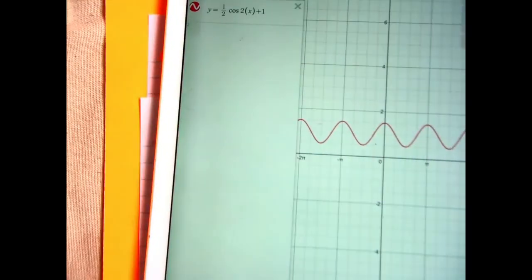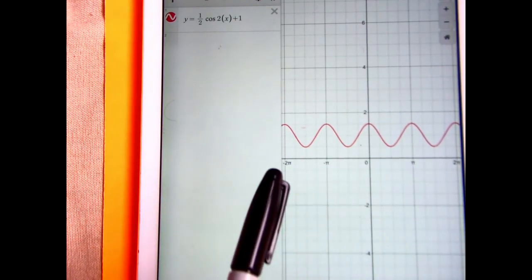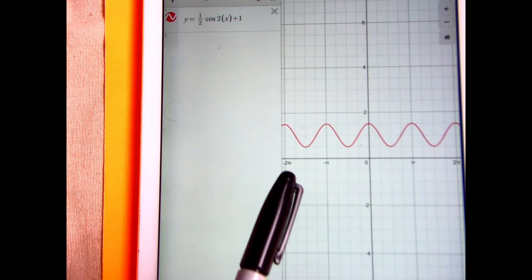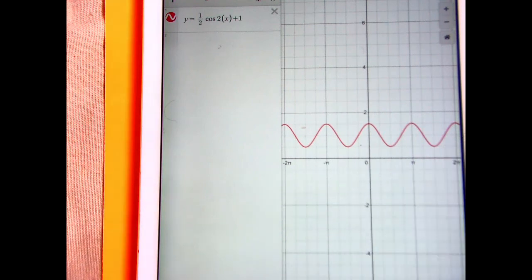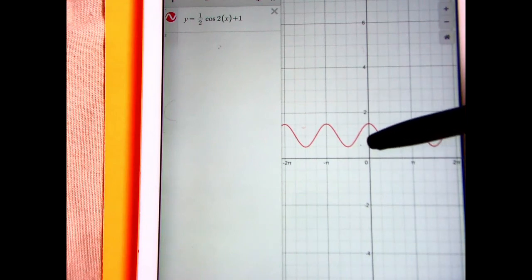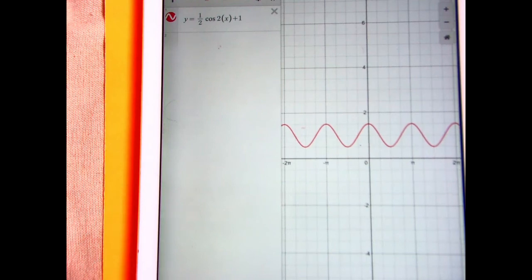So on my iPad I have kind of the same XY axes. From x I go -2 pi to 2 pi, and I'm looking at a similar graph. On the tablet I see 4 complete waves.